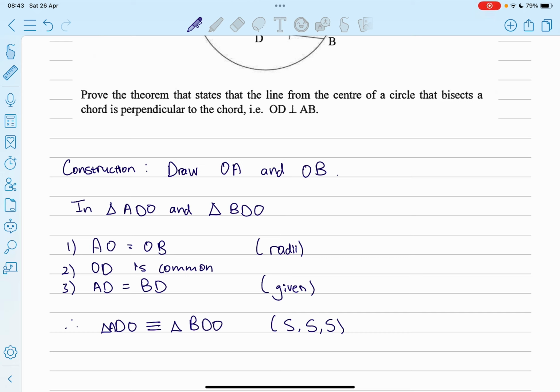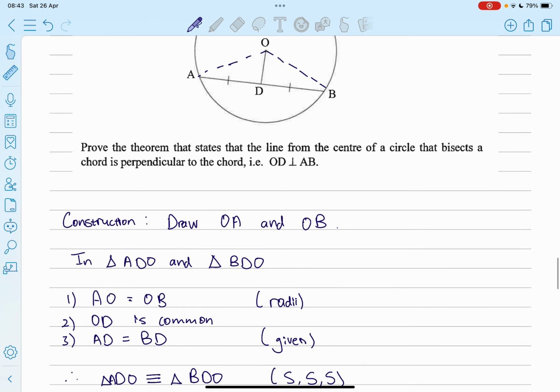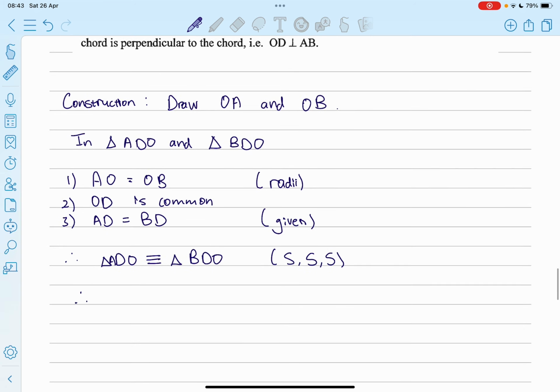Okay, so now that we have these two triangles being congruent, if we label this angle at D to be 1 and this is 2, we can say that D1 is equal to D2.